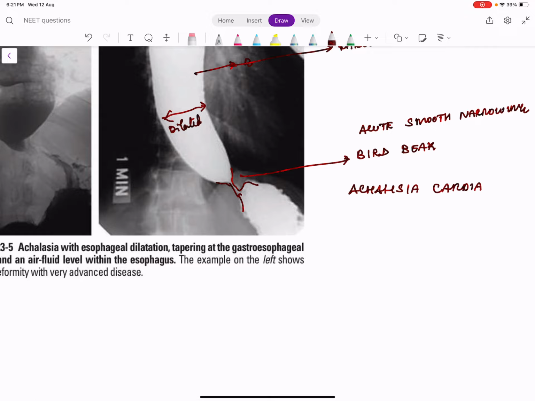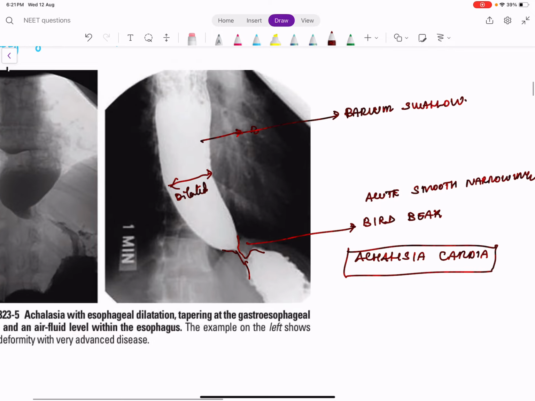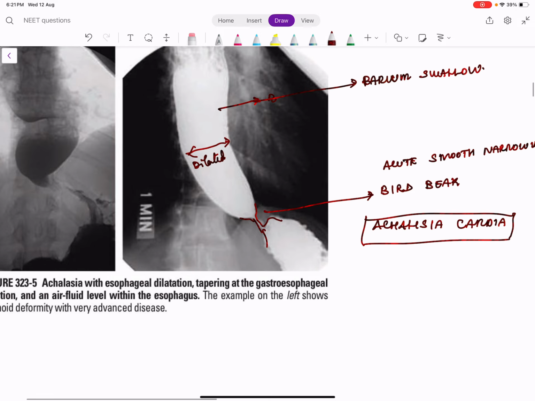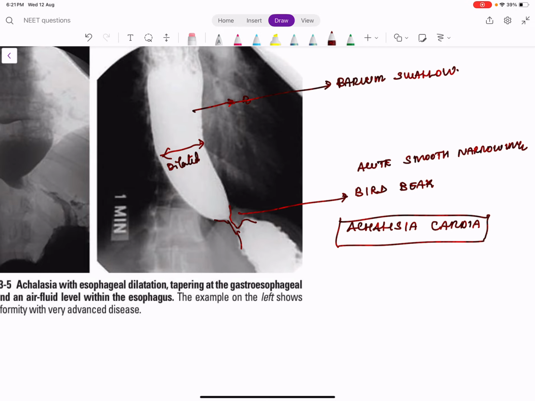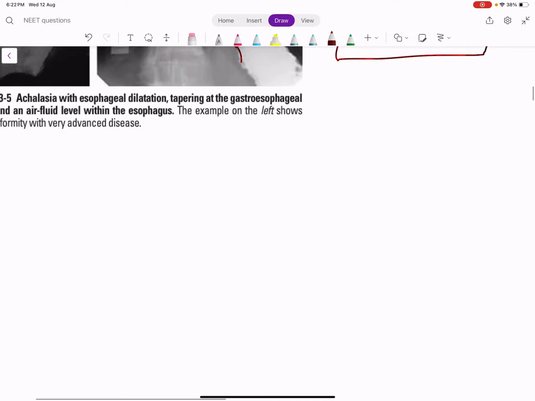What is achalasia cardia? Achalasia cardia is an esophageal motility disorder where the distal esophageal myenteric plexus neurons are permanently constricted, and there is dilatation of the proximal esophagus. So the distal esophagus is constricted and the proximal esophagus is dilated.